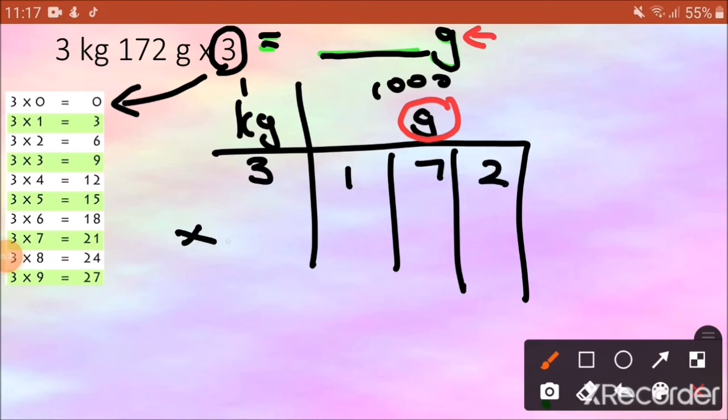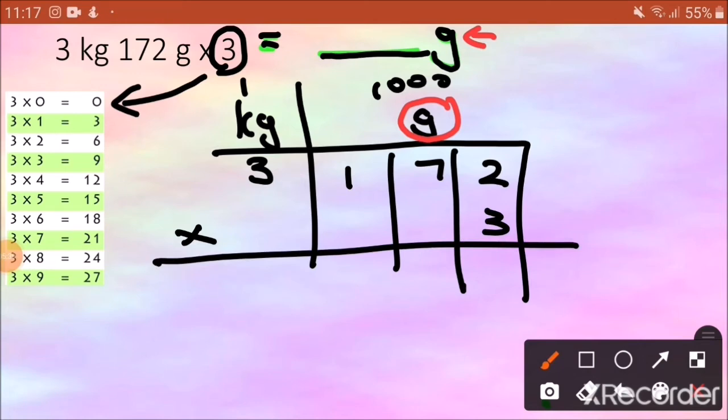3172 times 3. 2 times 3 is 6. Then 7 times 3, or 3 times 7, is 21. 2 up here. 3 times 1 is 3, plus 2 is 5. 3 times 3 is 9. The question asks for gram, so we have to copy the answer.